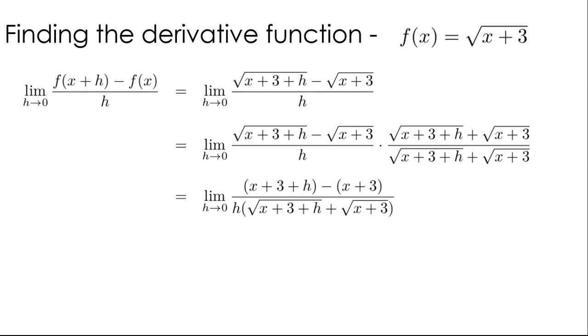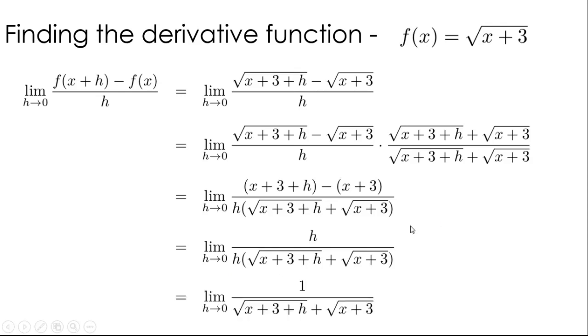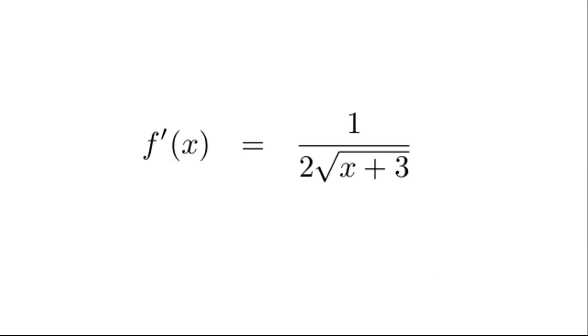So notice how we have a positive x here and a negative x here, so they're gone. Positive 3, negative 3, when I run it through, they're gone. The only thing that survives on the top is that h. And now this h and the one on the bottom cancel, and I can plug 0 into the leftovers. I have two of the square root terms. So the answer is 1 over 2 square root of x plus 3.